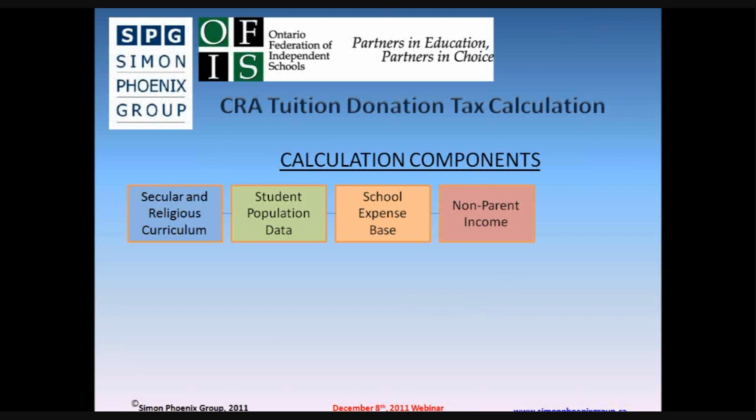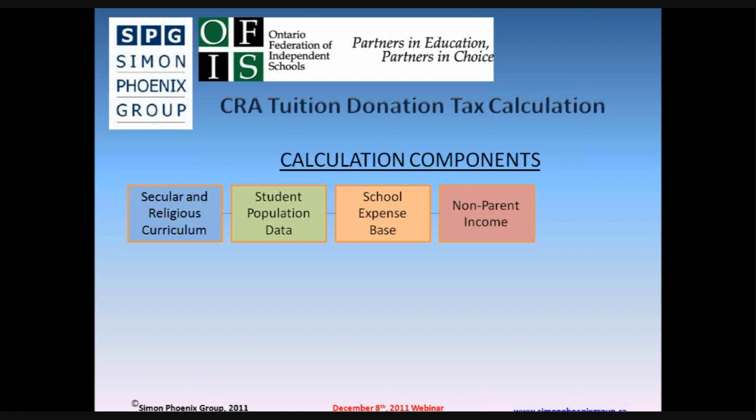Non-parent income. There is a portion of the calculation that allows schools to subtract from their expense base non-parent income received. So that would be donations from non-parents, that would be grants from other organizations.